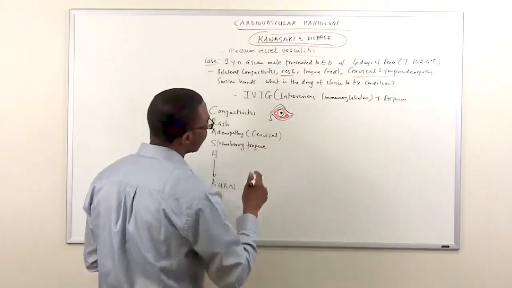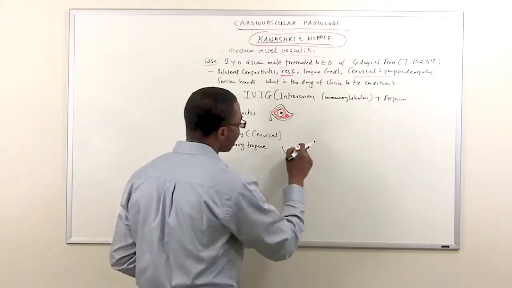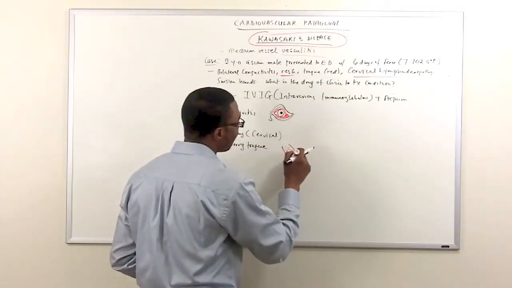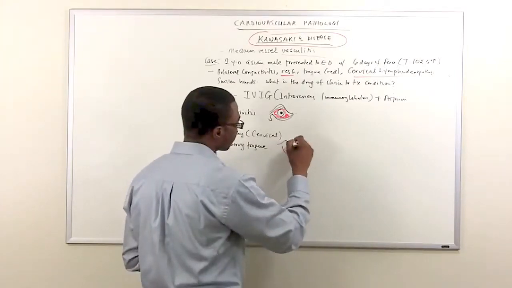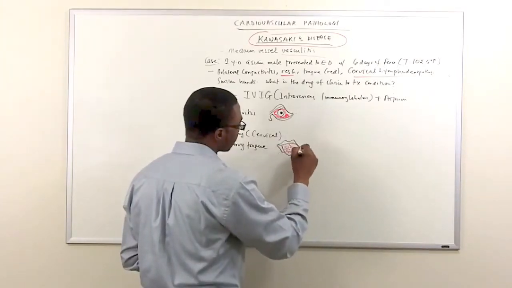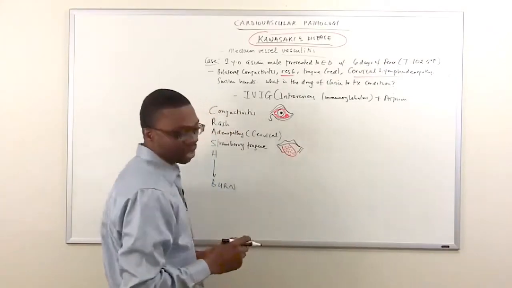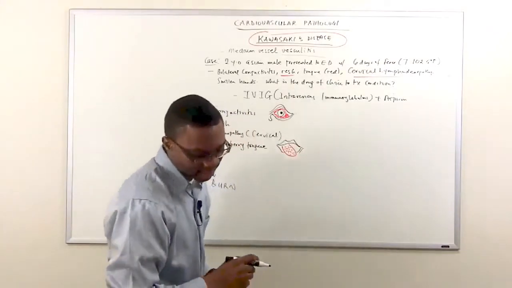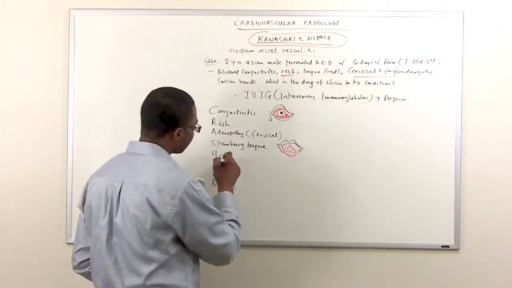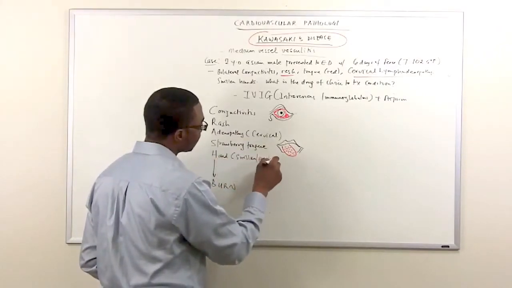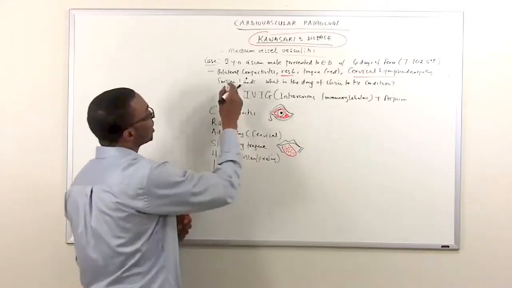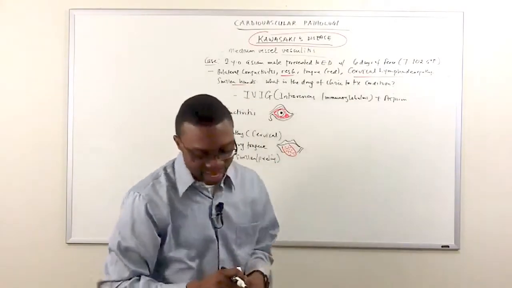If you look at the kid's tongue, it looks like a strawberry. And the H is hands, swelling or peeling from the rash. So they have swollen hands.